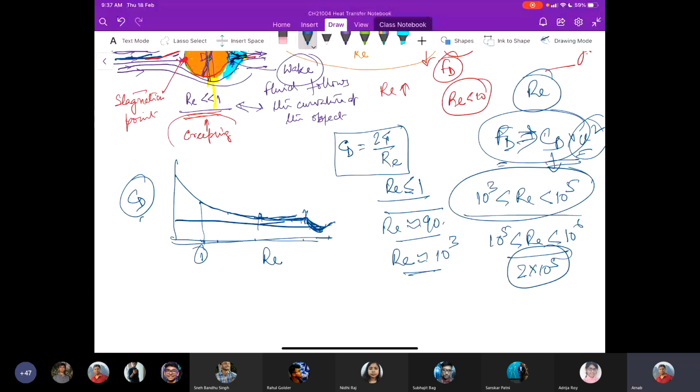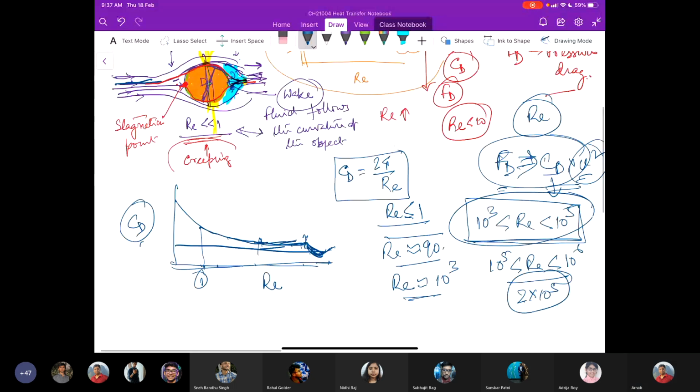Until this point, the boundary layer was laminar up to a plane, and then when it crosses this object, the flow becomes turbulent. But now the whole boundary layer is turbulent.